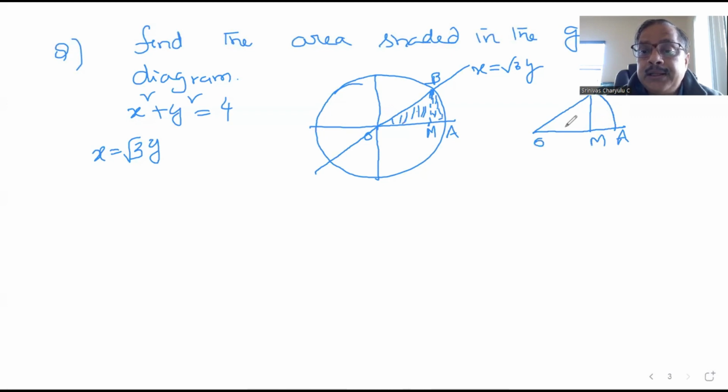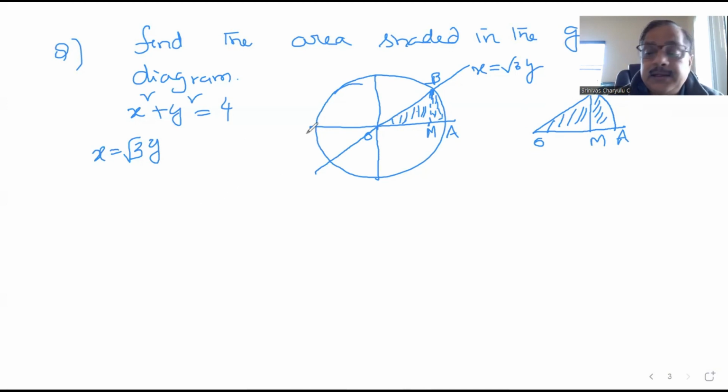Then we have to find the area of this shaded region and this also. So we will integrate this circle part between M and A, and then we also have to integrate the line equation between 0 and M limits.